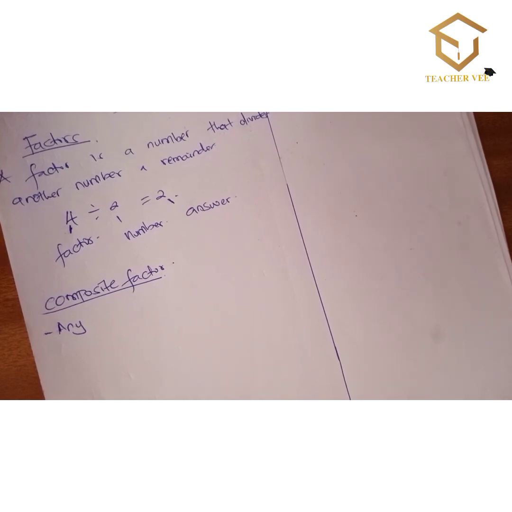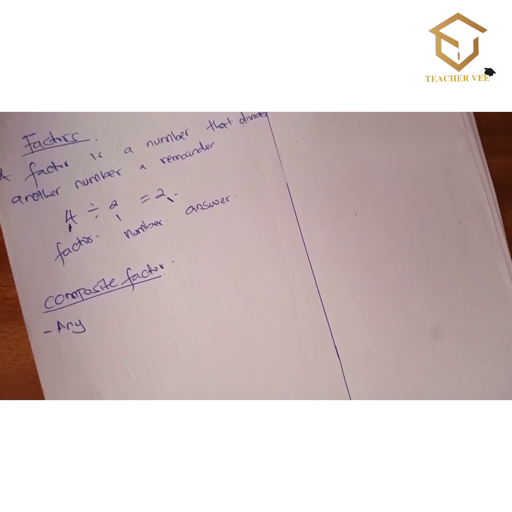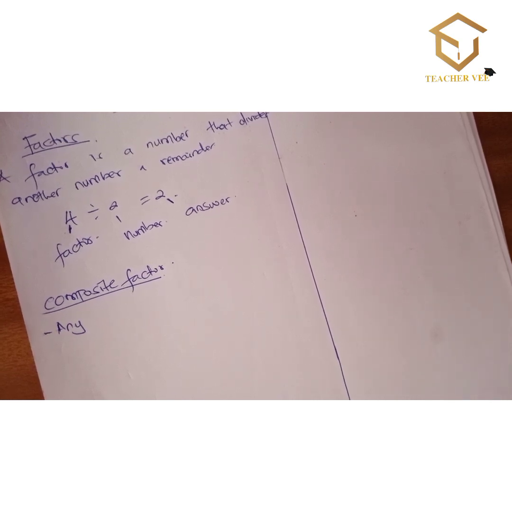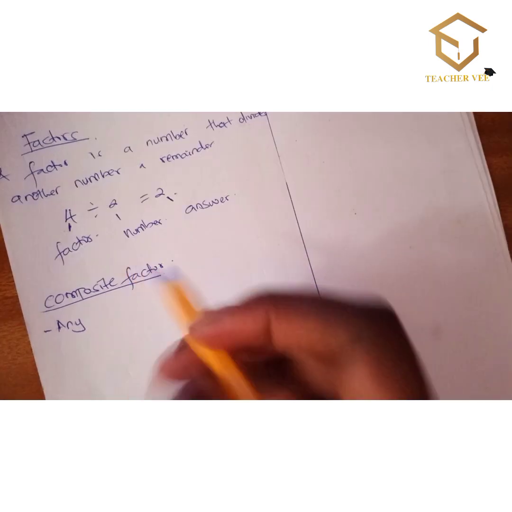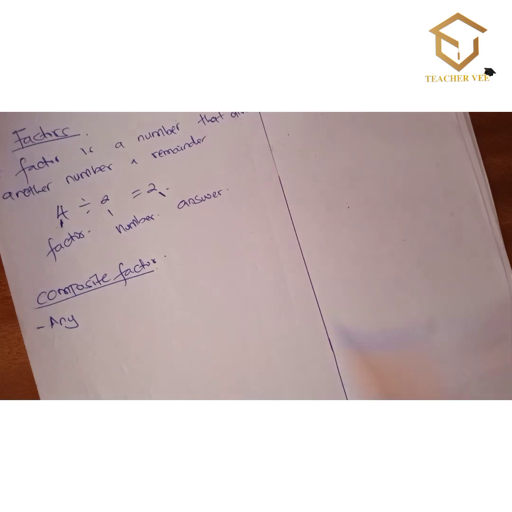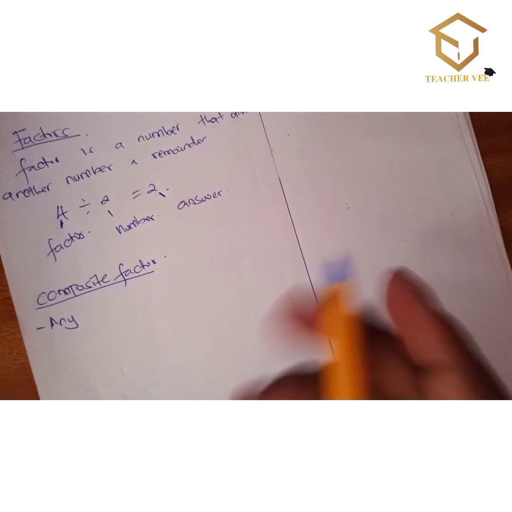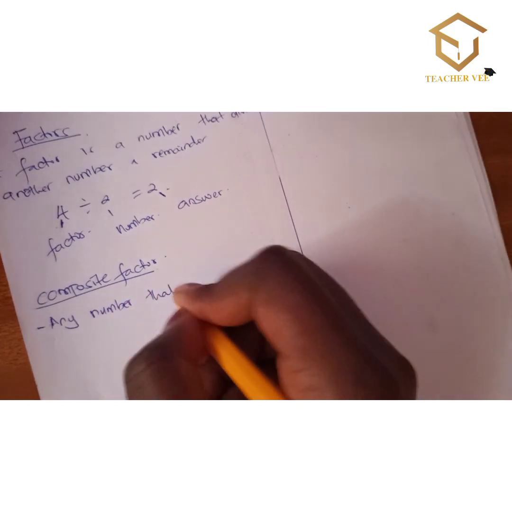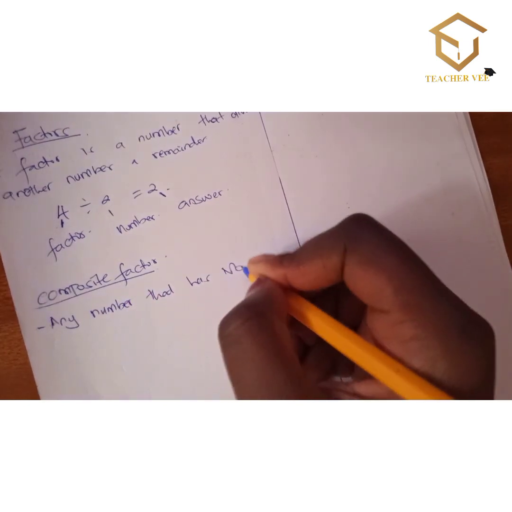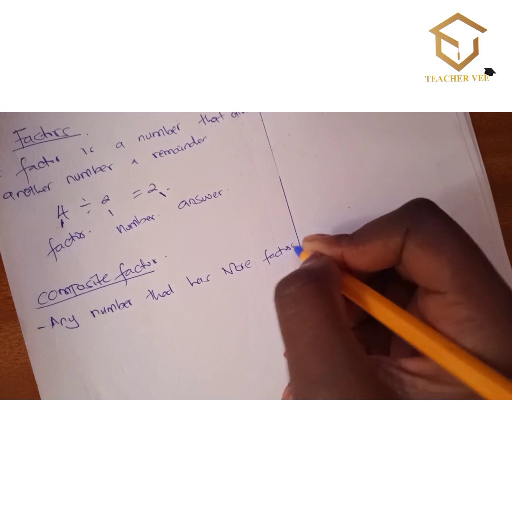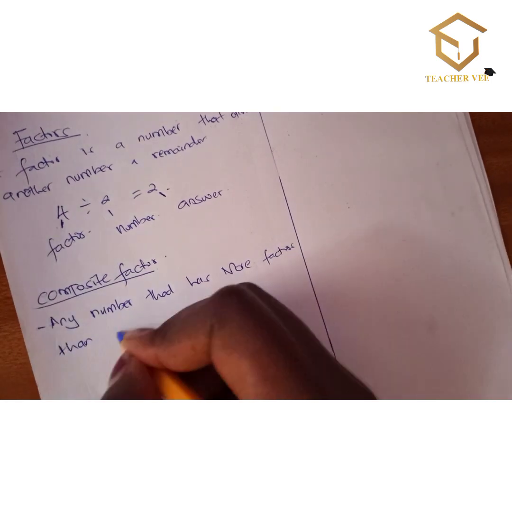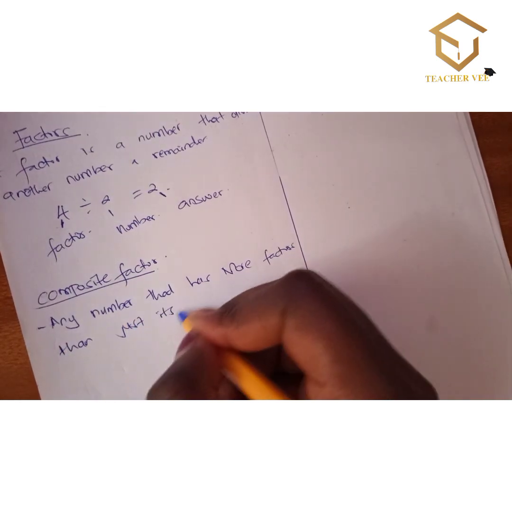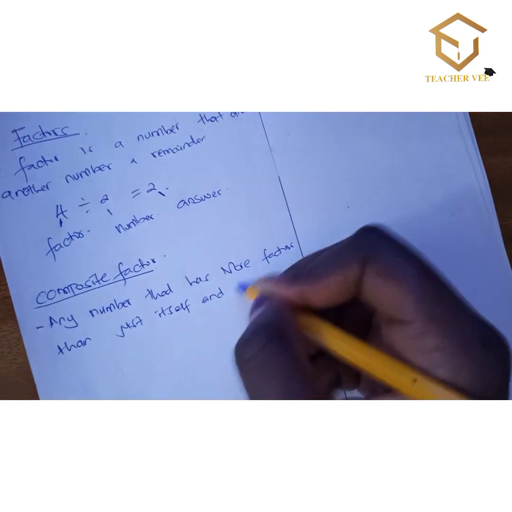But when you just read without making any notes, the rate at which you forget is very high. But when you write, the rate of forgetting will be very low. So I was saying, a composite factor is any number that has more factors than just itself and 1.